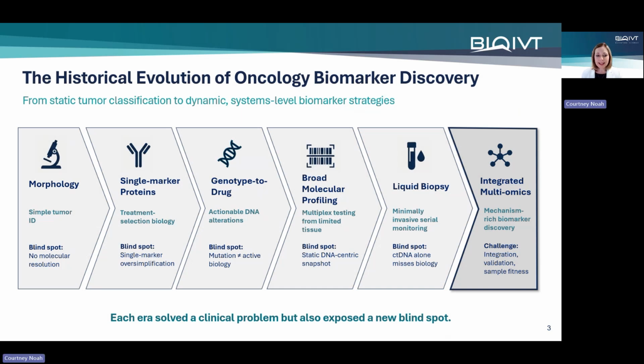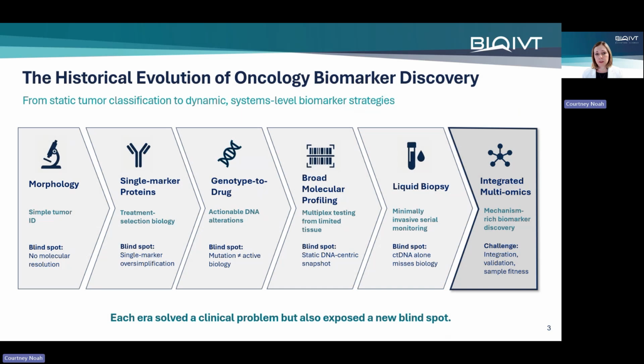We broadened that as the next step using technologies such as next-gen sequencing, and that allowed us to create more multiplex testing. And I think that was especially critical because tumor samples are very limited in nature, and so the importance of gathering as much information as we could from that scarce sample was a true benefit.